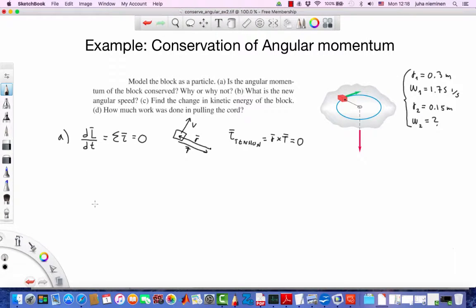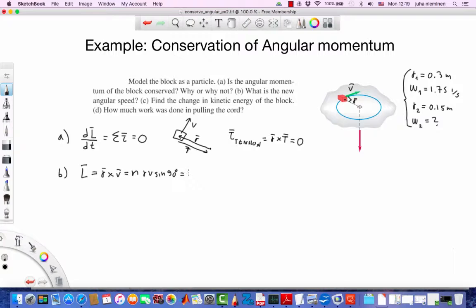Then B, what is the new angular speed? In general, the angular momentum for this particle, let's put it as a vector, is r cross v, and at any given point, that's the v vector there, and r. Because it's circular motion, those two are perpendicular, so the cross product will be rv times sine of the angle between the two vectors, so sine 90, which is 1.